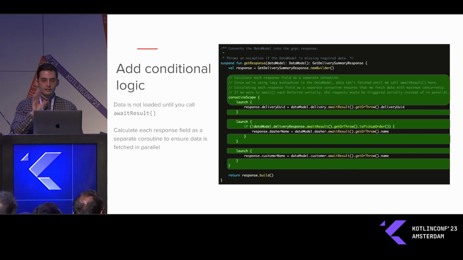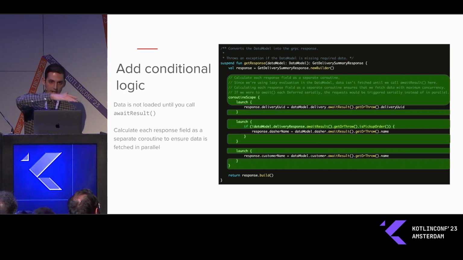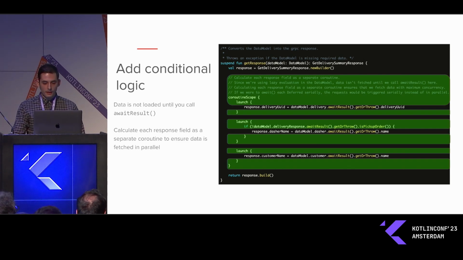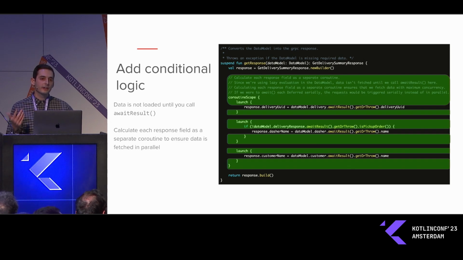Rather than trying to keep track of this flow of data in which you have to understand how your entire API works, I find it's easier just to compute each response field concurrently. And that guarantees that our API calls will be made with the maximum possible concurrency without me having to think about what depends on what and how that works.